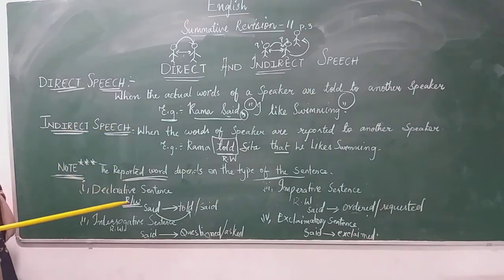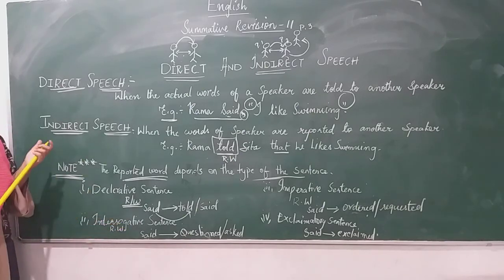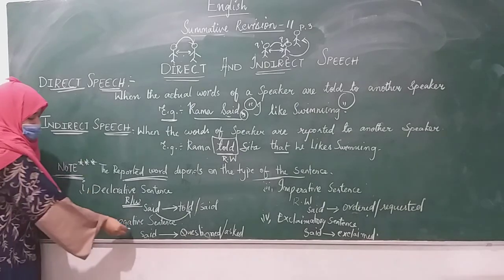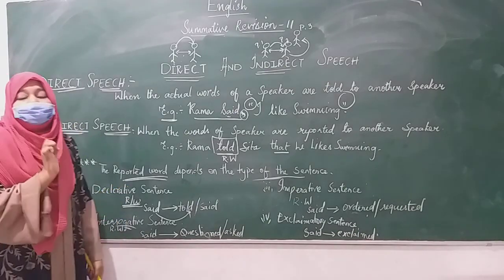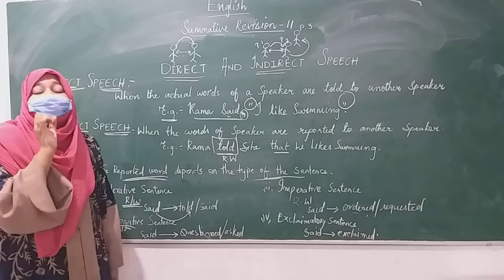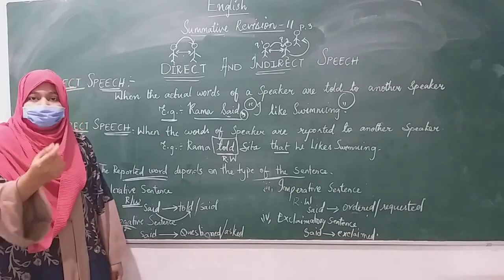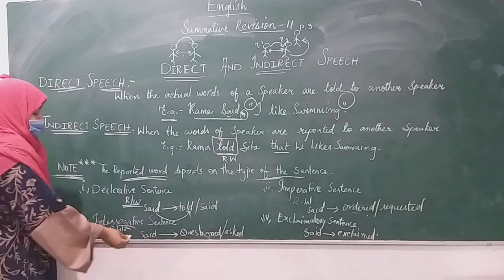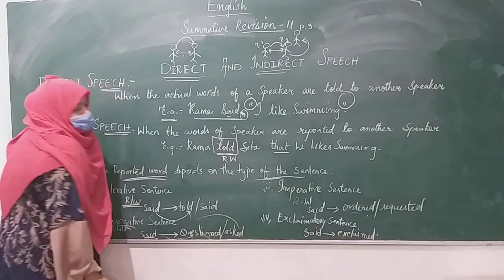Now, the second one is the interrogative sentence. As the name itself suggests, you are asking questions to someone. When you are asking questions, the reporting word changes into questioned or asked.